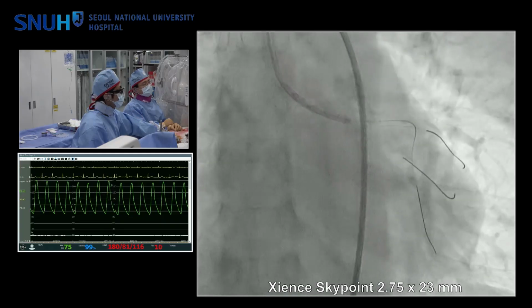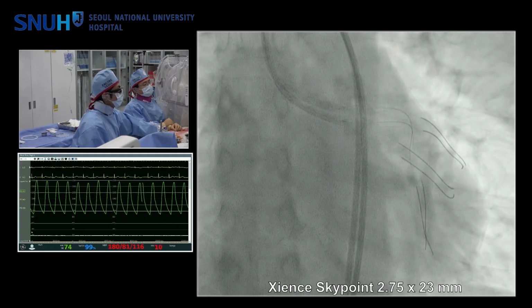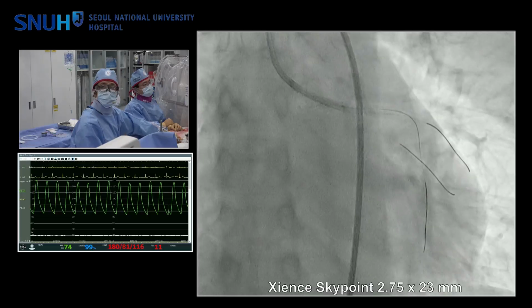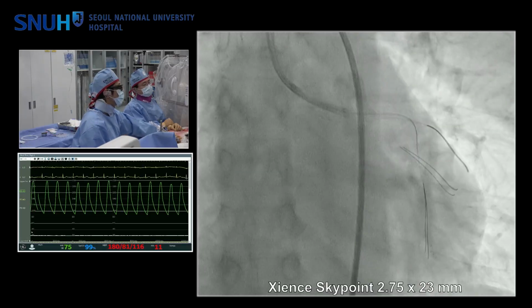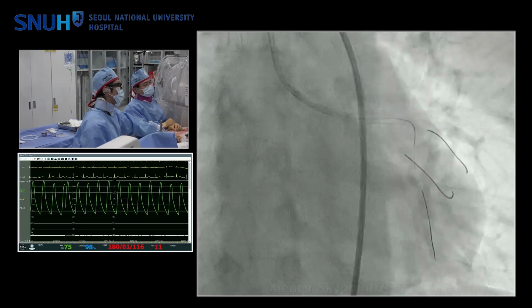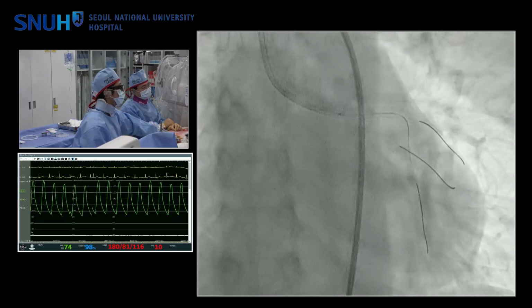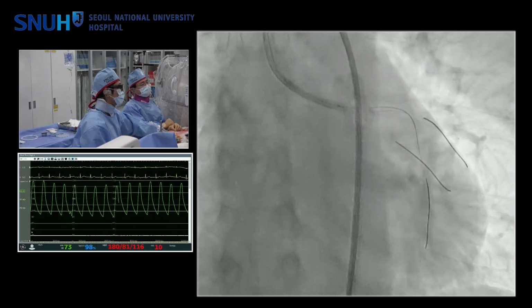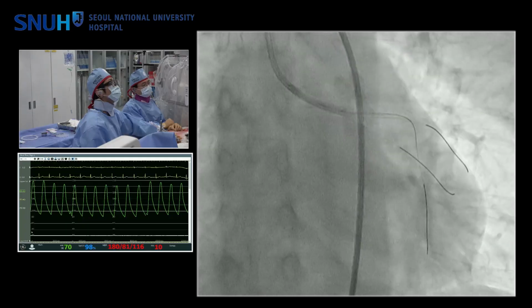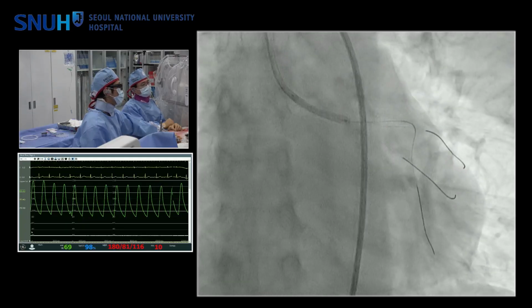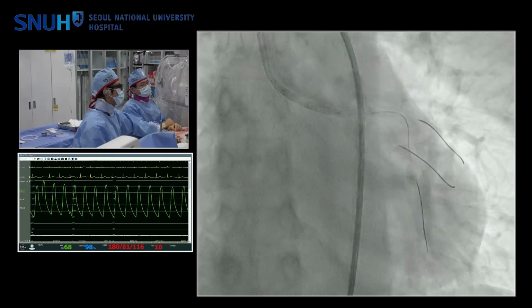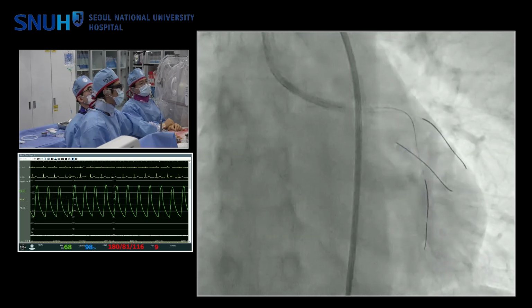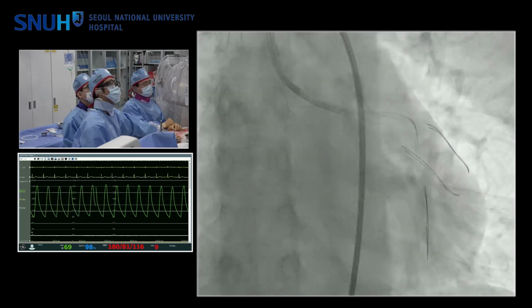I increased 10 atmospheres. The balloon size would be 3.5. As you know, the stent structure is the same, 2.75 and 3.0 Zions. Dr. Kim, part of the balloon is still inside the guide in this inflation.